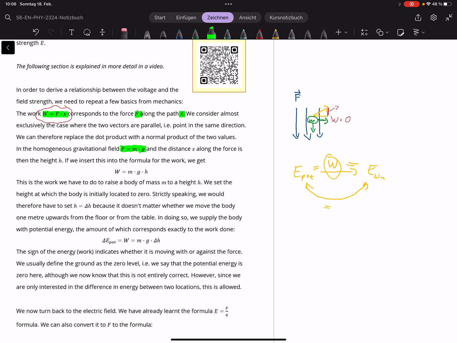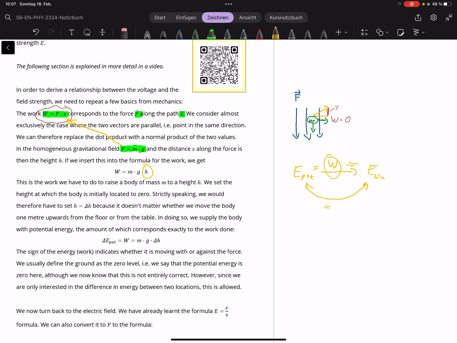So if we put this force into that formula, then we have m times g times s, and in the gravitational field, the s in the direction of the force would be the height.